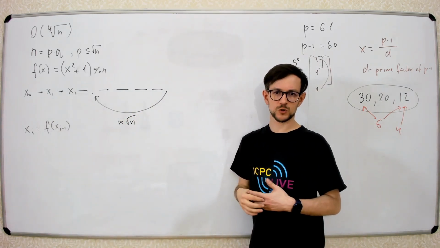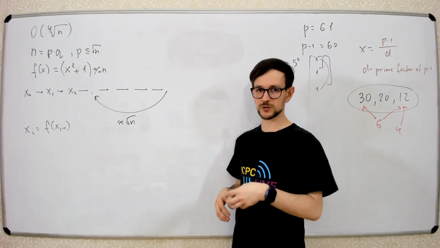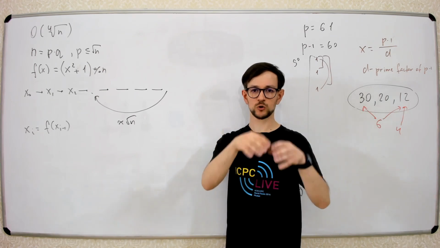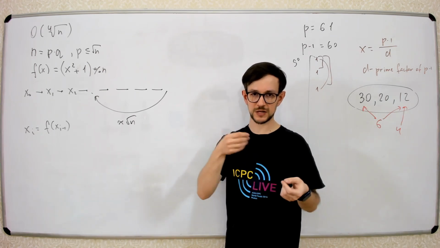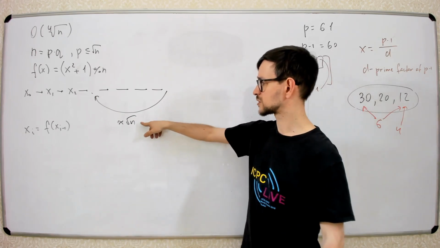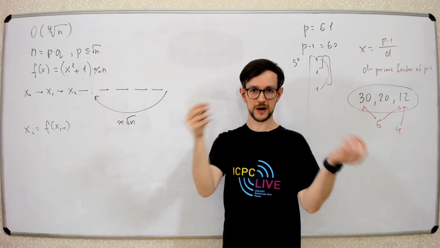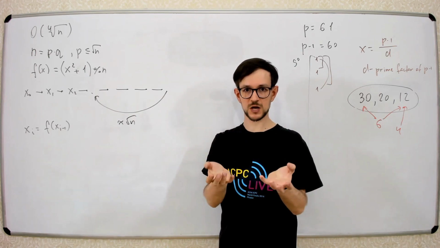Because of what's called the birthday paradox. If you pick some square root of n random values from 1 to n, then with good probability you will pick the same number twice. That's because if you have square root of n numbers, then you have n pairs. The number of pairs in your group is the square of the size of the group.